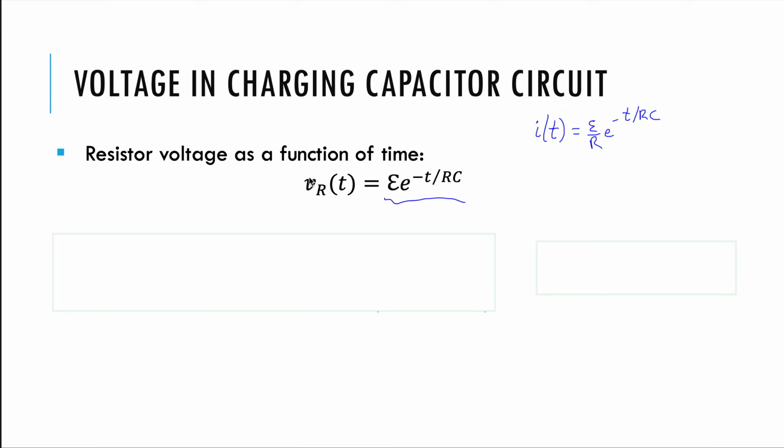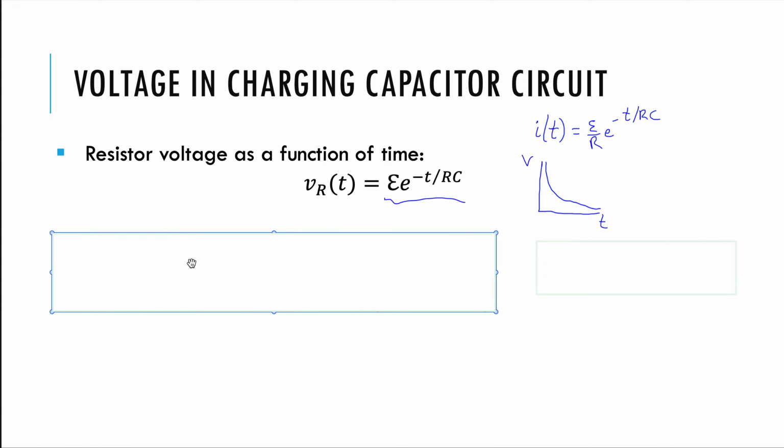So this is the voltage on the resistor as a function of time. I don't have a nice printed out graph for it, but whenever we have the e to the negative t over RC term, it looks like this. We have maximum voltage, and then it decays because as the capacitor charges up, we have no more current in the circuit, then we have no more voltage across the resistor.